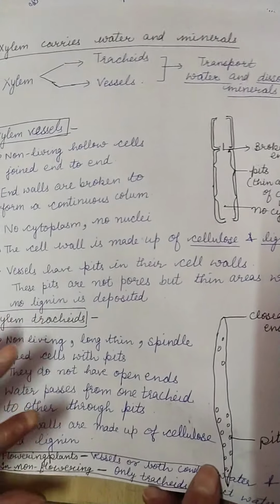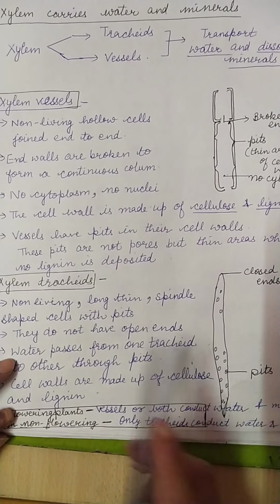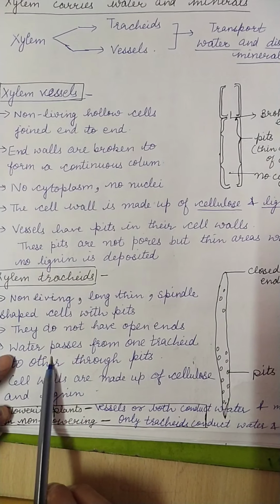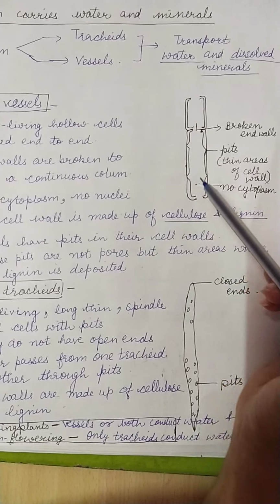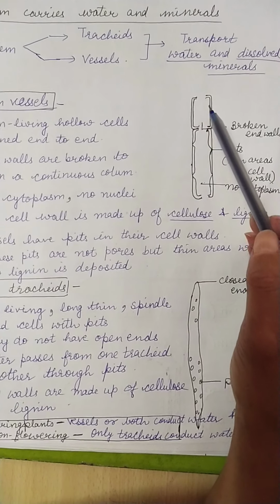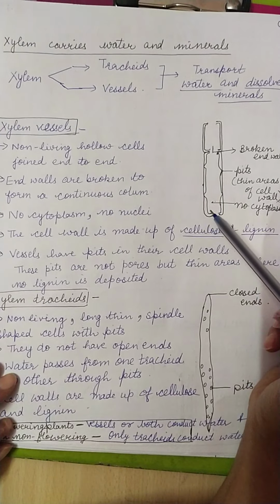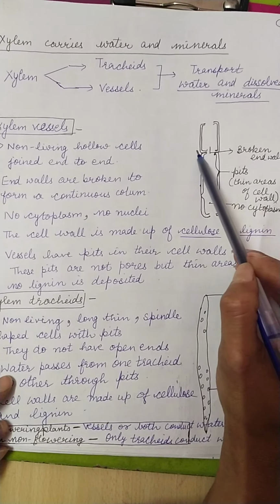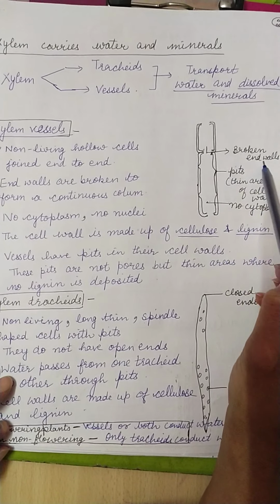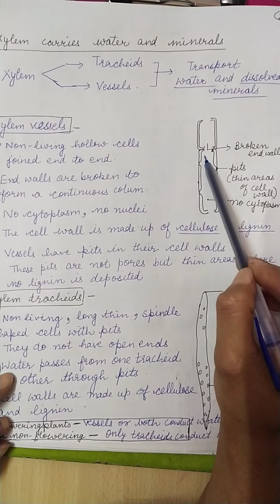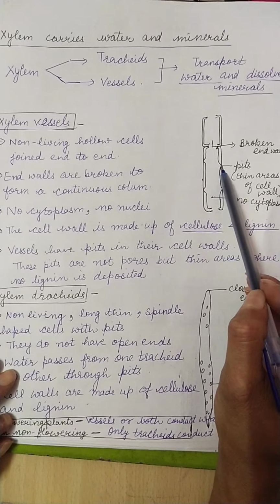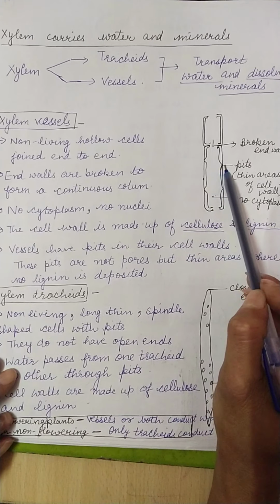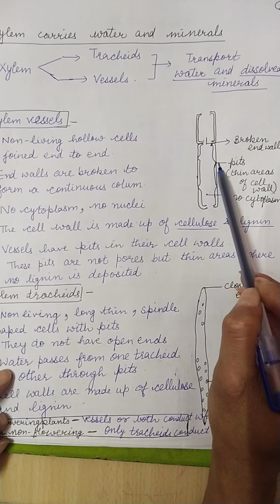Then, bache, we discussed the structure of xylem vessels and xylem tracheids. I told you xylem vessels are formed as a continuous drain pipe when the cells are arranged one above the other in such a way that their end walls are broken. When their end walls are broken, they form a continuous column. There are certain pits in the walls, which are nothing but thin areas.